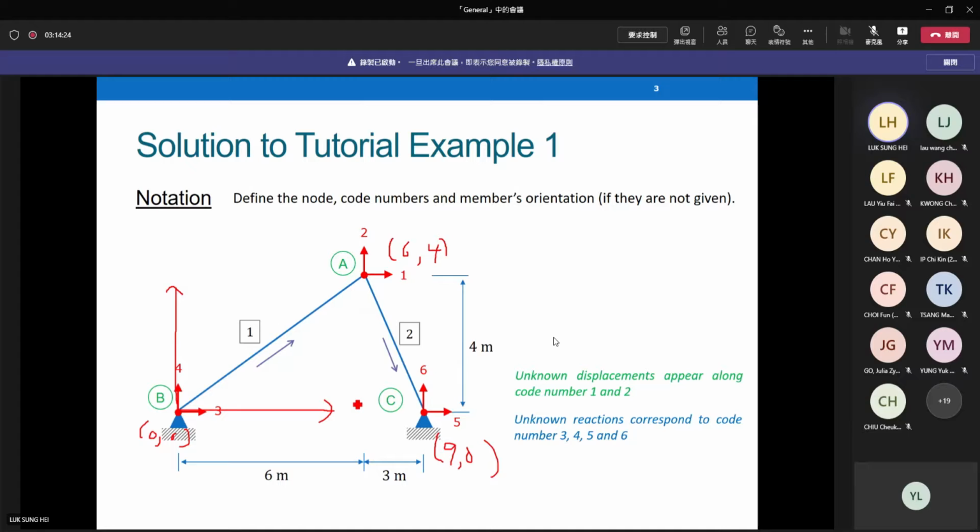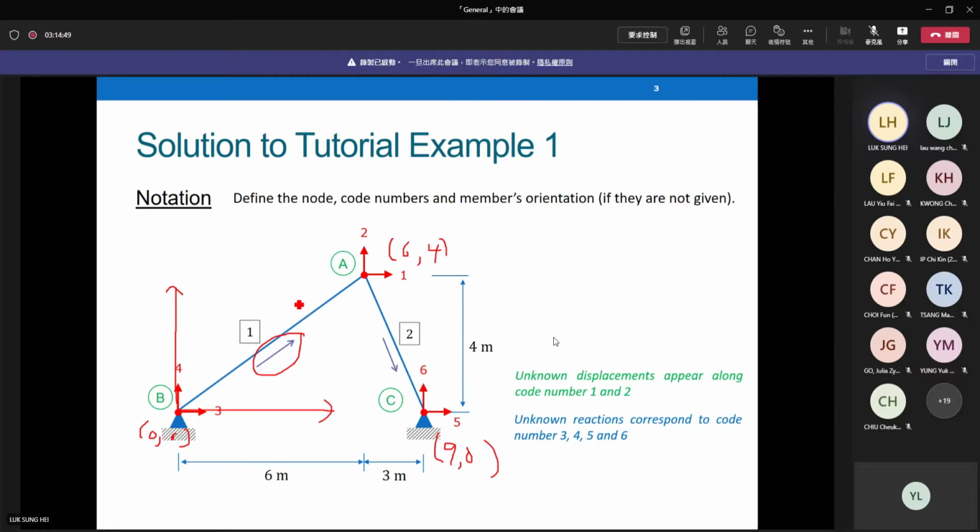If you know the coordinates, you can evaluate the direction cosines, lambda x and lambda y. We use the coordinate at node f minus the coordinate at node n to calculate lambda x and lambda y. F minus n, quite easy to remember. How to define node n and node f? It depends on the member orientation.